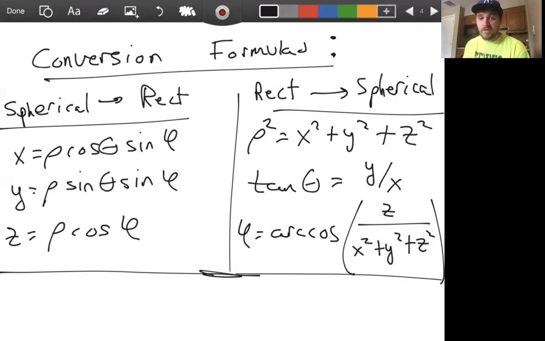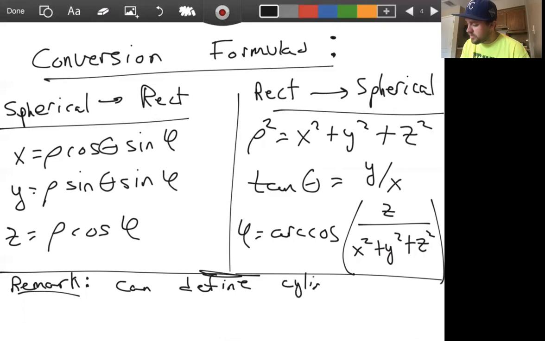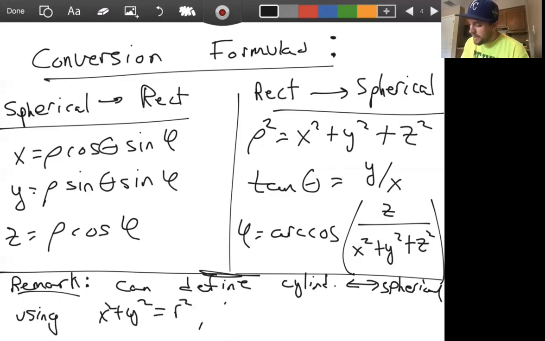There are conversion formulas between spherical and cylindrical and vice versa. So, remark: we can define conversions between cylindrical and spherical using our notions that x squared plus y squared equals r squared, tangent of theta equals y over x, and z equals z.